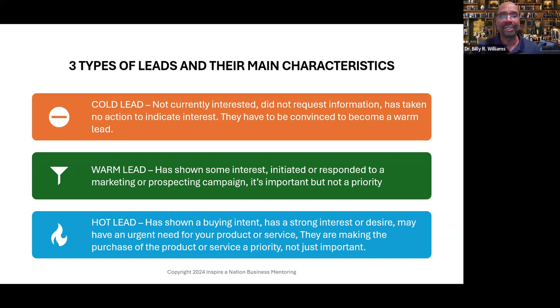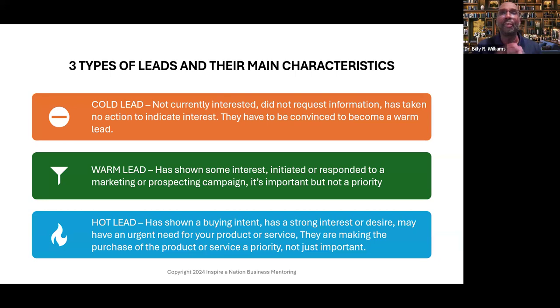A hot lead, on the other hand, has shown buying intent. They have a strong interest or desire for your product or service. They may have an urgent need, and they're making a purchase a priority, not just important. And this is a big deal. A lot of people will chase cold leads, calling them warm, or chase warm leads, calling them hot.